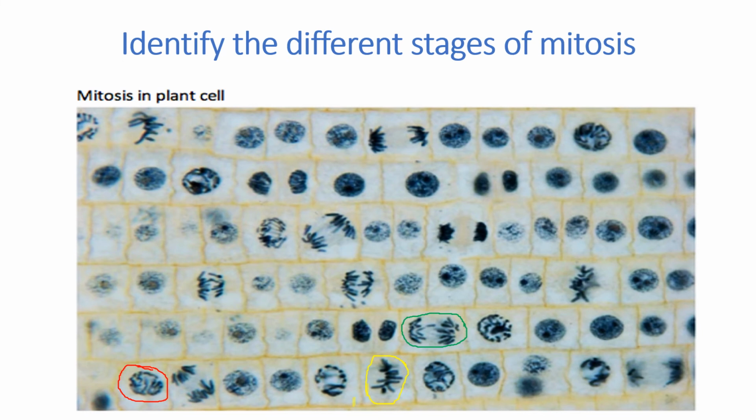Then the last stage of mitosis, that is telophase. In telophase, cytokinesis has not occurred, but karyokinesis has, so two nuclei will be formed in one cell, that you can find out. In that way, you can find out telophase stage. Nuclear membrane and nucleolus start to appear.